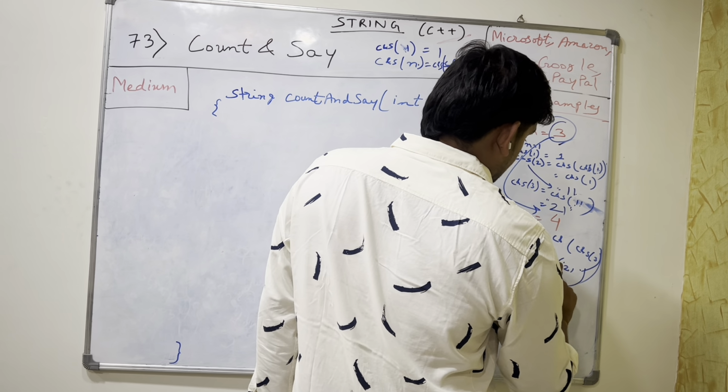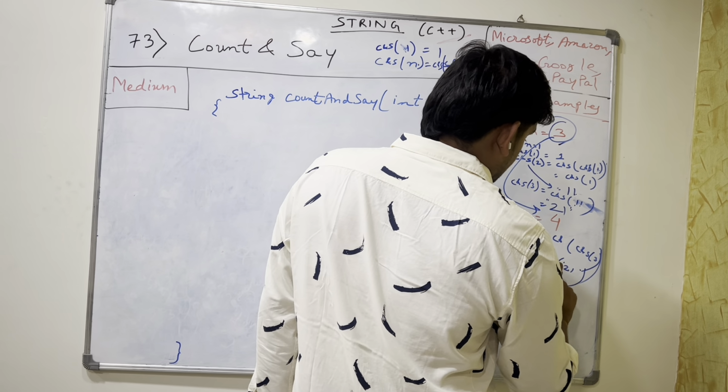Probably count and say n is equal to 5 will help to understand what we are doing here. Count and say n is equal to 5 would be based on count and say 5 minus 1, that is 4. And what is the value of 4? 1, 2, 1, 1.